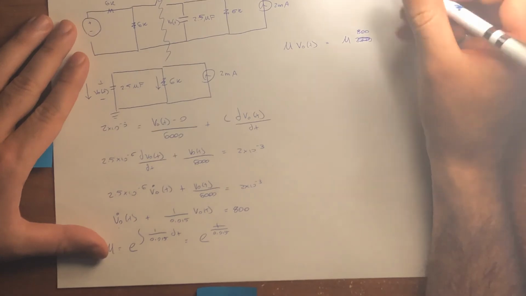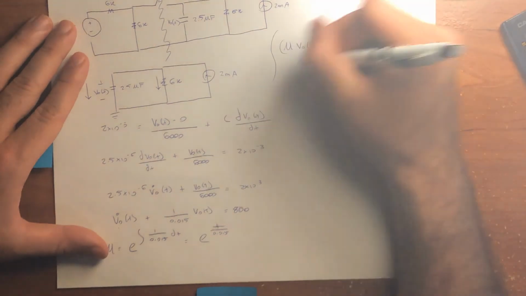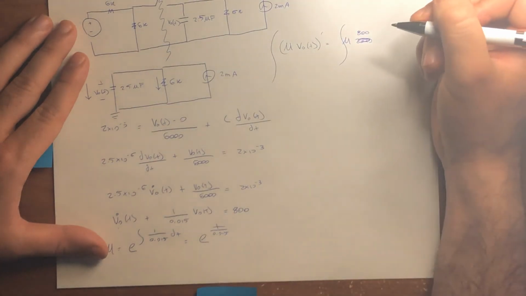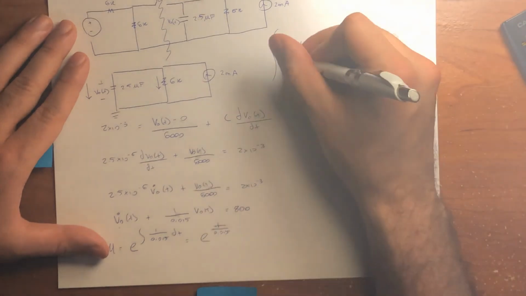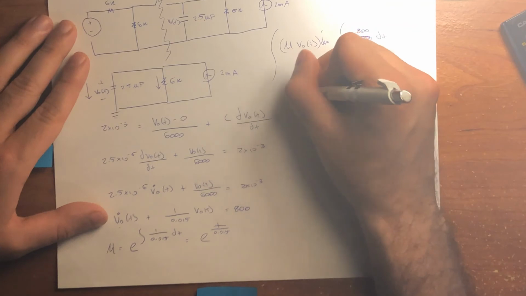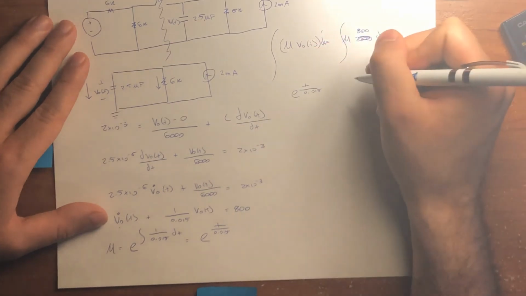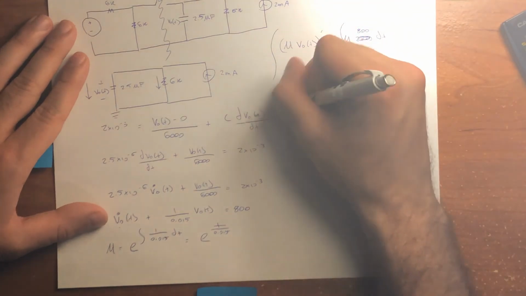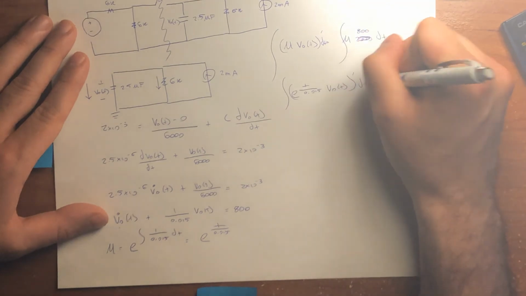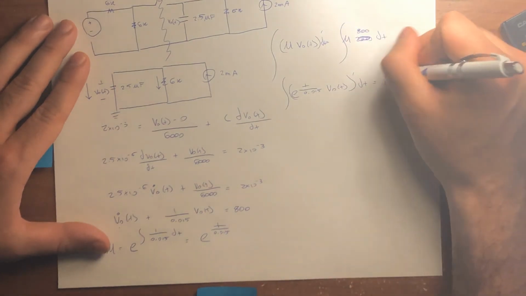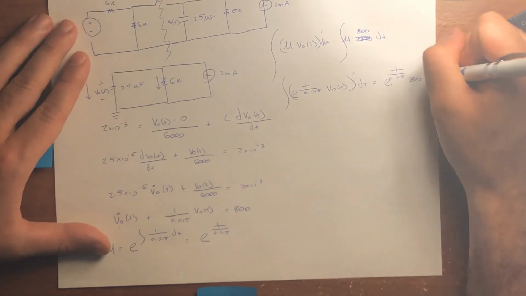Then we integrate both sides with respect to t. We end up with u(t), which is e^(t/0.015), times V0(t) dt equal to e^(t/0.015) times 800 dt.